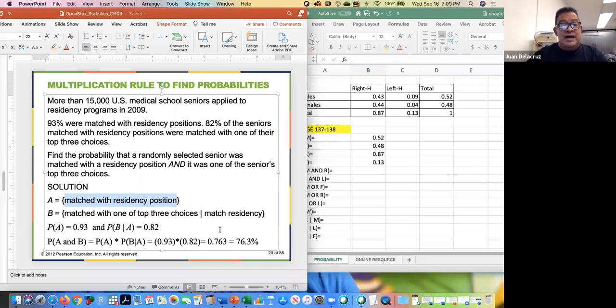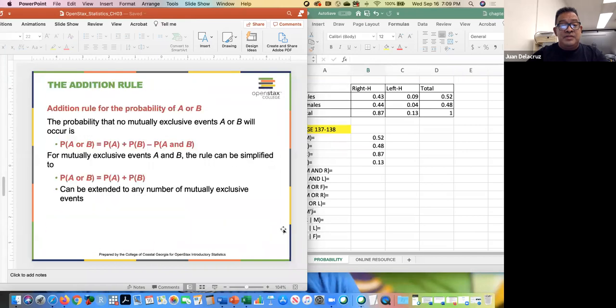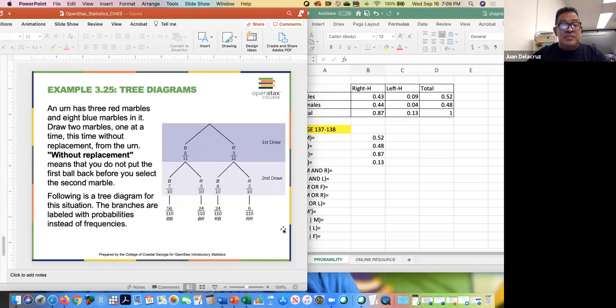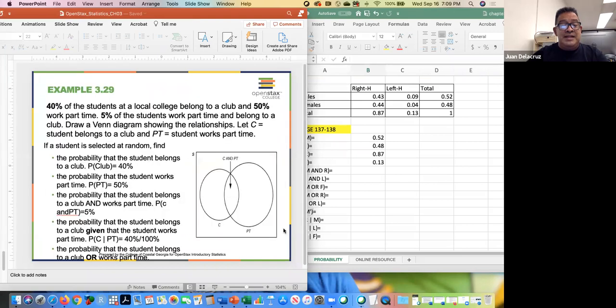So we are going to multiply the probability of A times the conditional probability of B.